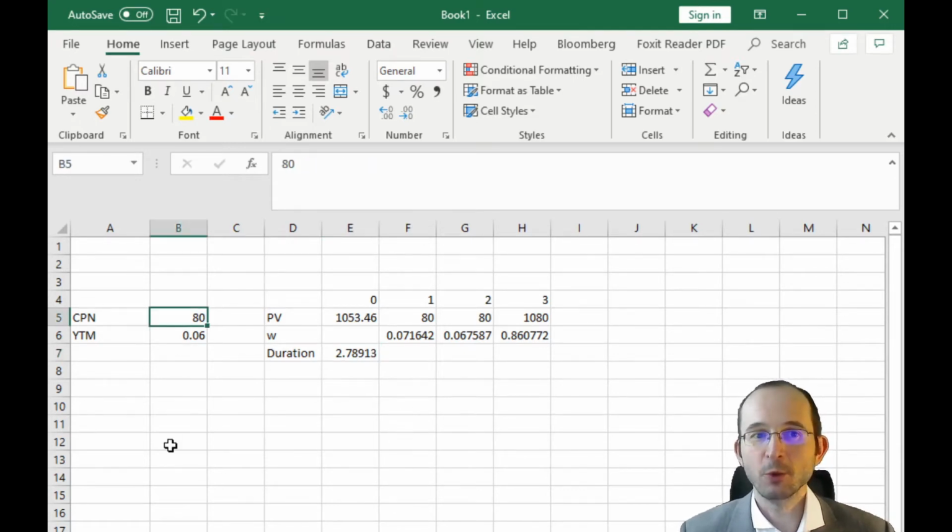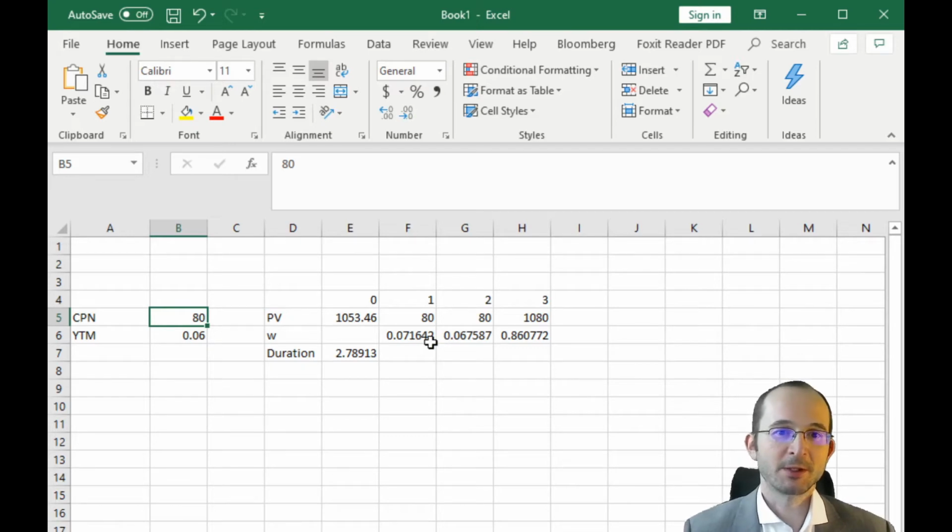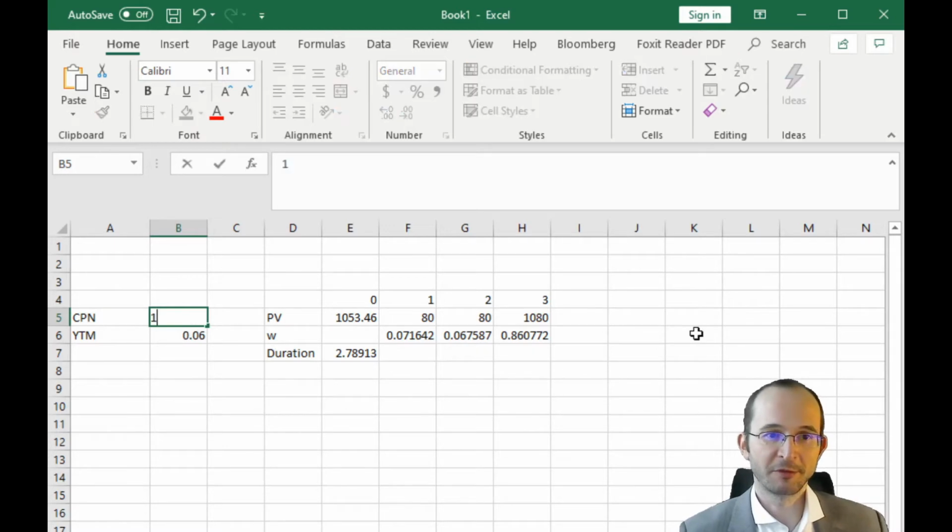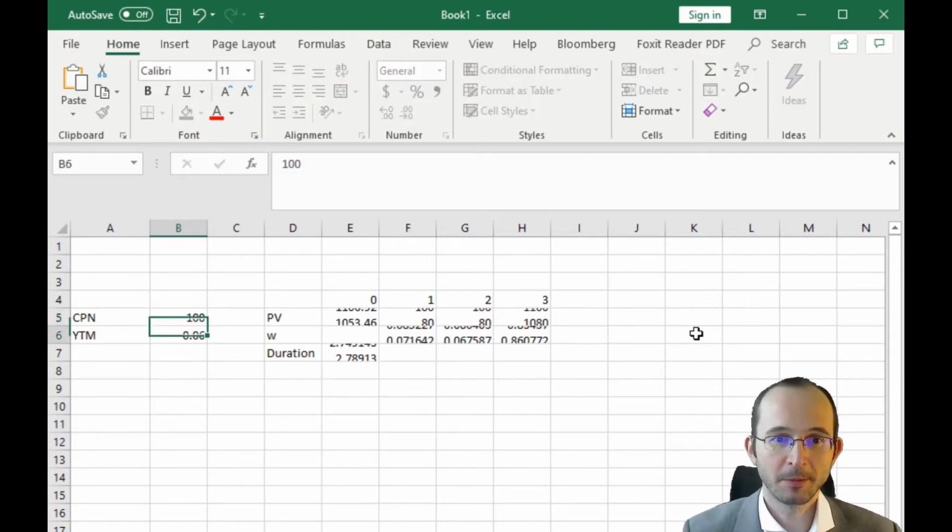Now, what happens if the coupon rate actually increases? Well, just as a coupon bond has a lower duration than a zero coupon bond, a higher coupon bond should have an even lower duration than a lower coupon bond. So let's increase the coupon from 80 to 100.